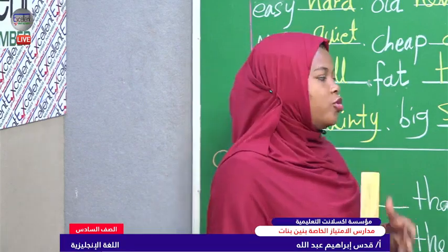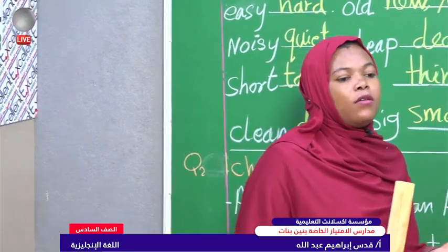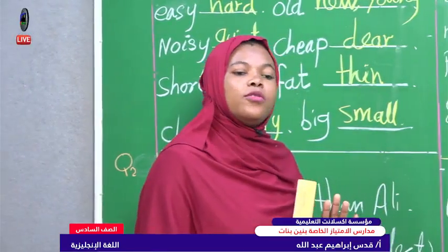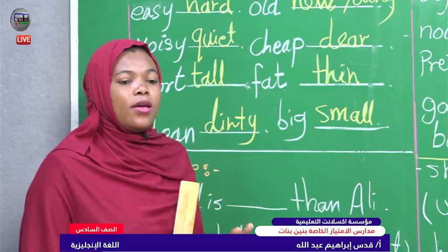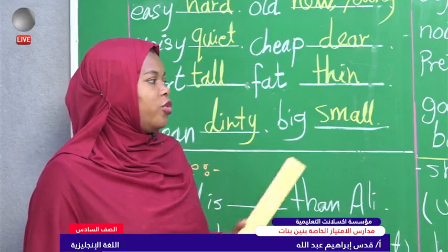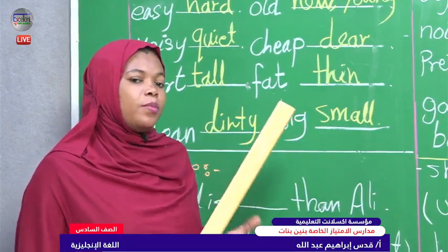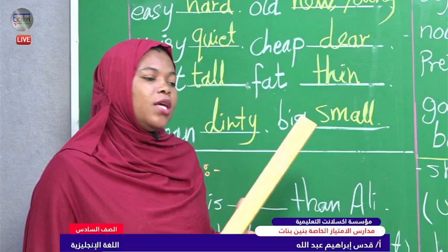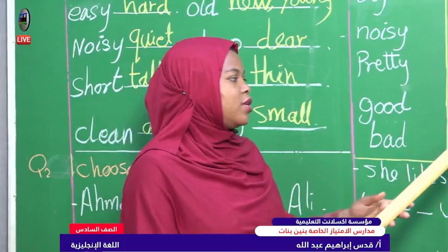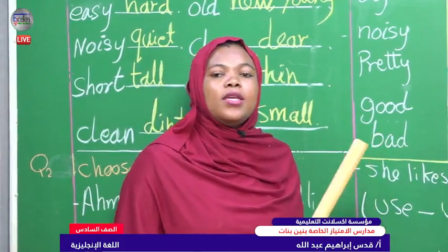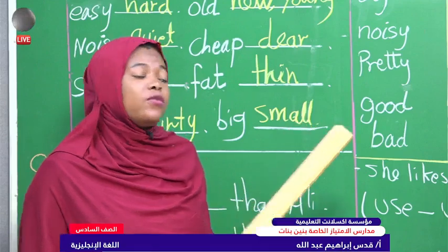They compare between the plane and the car. عايز أقارن بين الطائرة and the car. So which one is better? أيهم أفضل؟ You can say the plane is better than the car. الطائرة أفضل من السيارة. Better than.